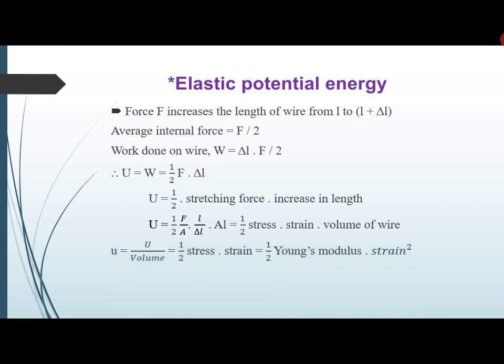And this potential energy per unit volume, whose symbol is small u, is equal to U upon volume, and that is equal to 1 by 2 into stress into strain, and this is equal to 1 by 2, that is half of the Young's modulus into strain square. So this is the relation we are obtaining for the potential energy.